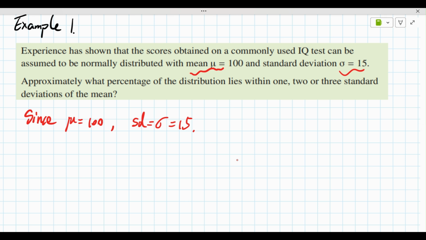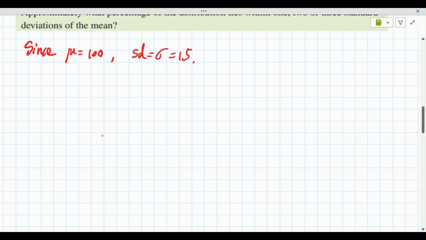So we're going to graph the scores for the 68% of the test. We could approximate with the 68%. So we can have a look at what the graph looks like.